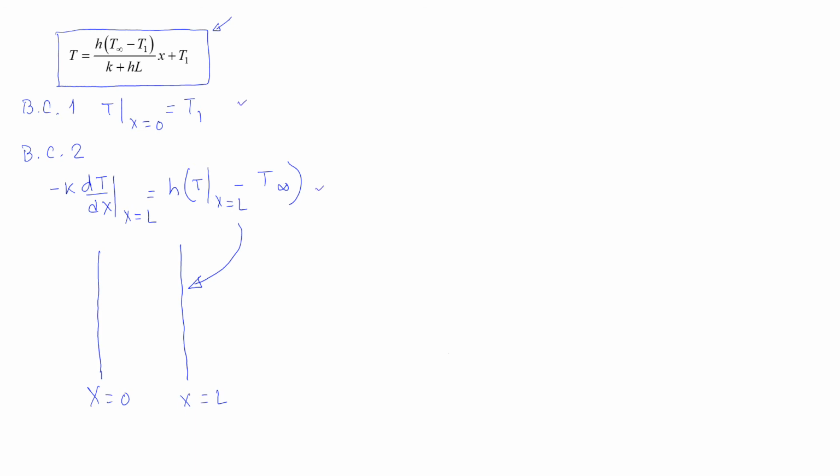First we plug in x equal to 0. Obviously, if you plug in x equal to 0, you get T equal to T1. So this first one is definitely satisfied. Now let's try the second boundary condition. We write minus k times dT/dx.